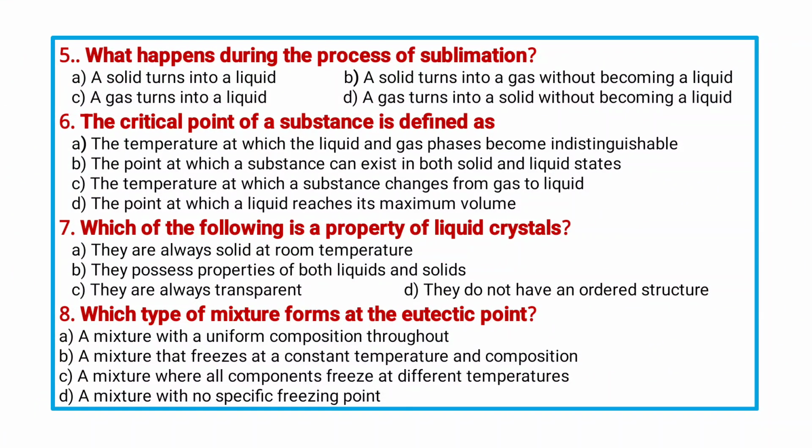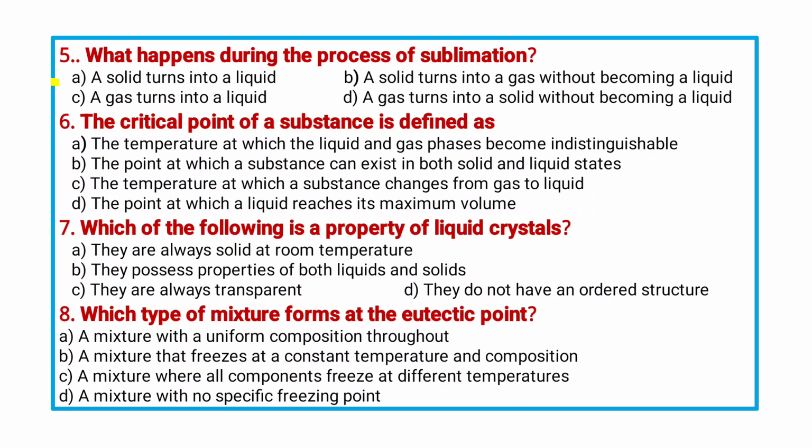Next, what happens during the process of sublimation? Option A, solid turns into liquid. B, solid turns into gas without becoming liquid. C, a gas turns into liquid. Option D, gas turns into solid without becoming liquid.